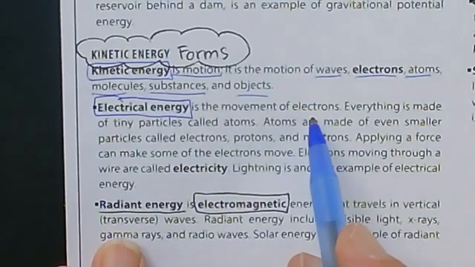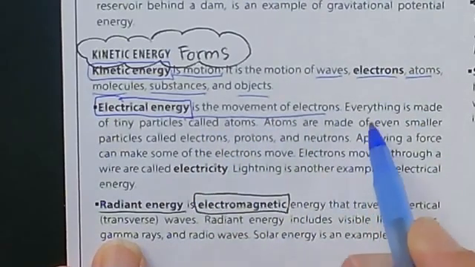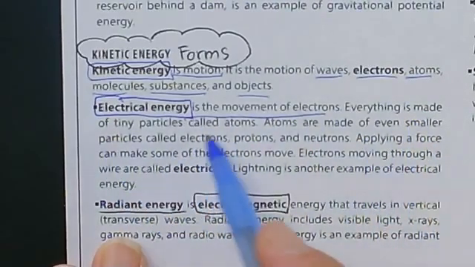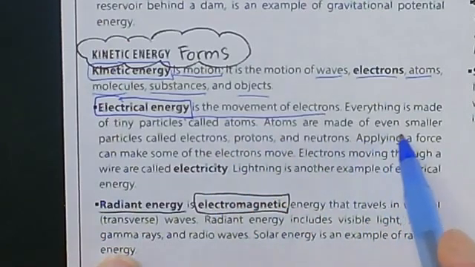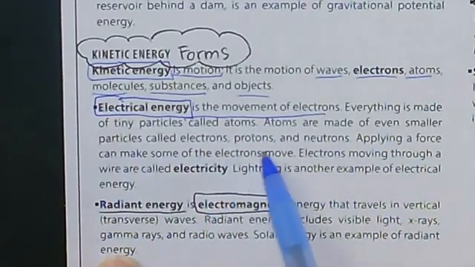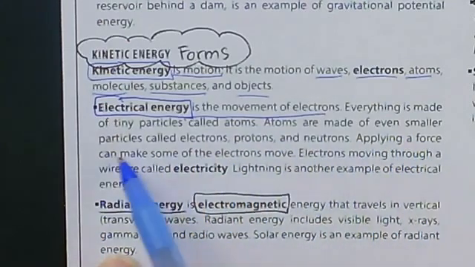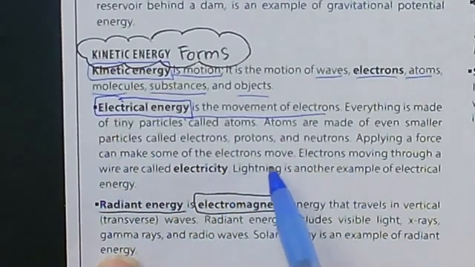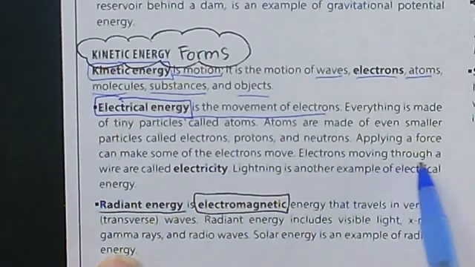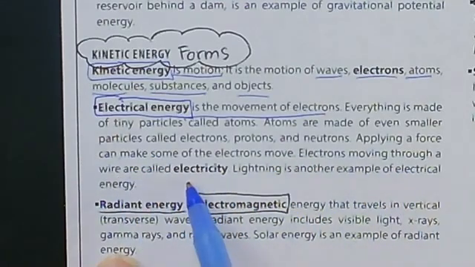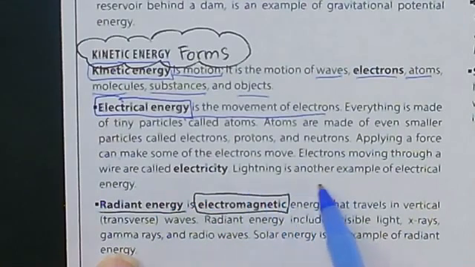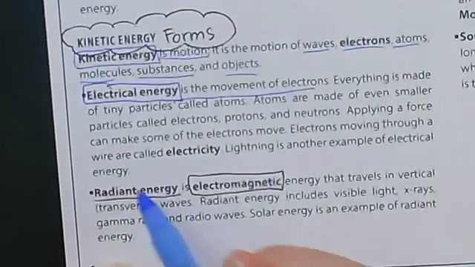Electrical energy is the movement of electrons. Everything is made of tiny particles called atoms. Atoms are made of even smaller particles called electrons, protons, and neutrons. Applying a force can make some of the electrons move. Electrons moving through a wire is called electricity. Lightning is another example of electrical energy.